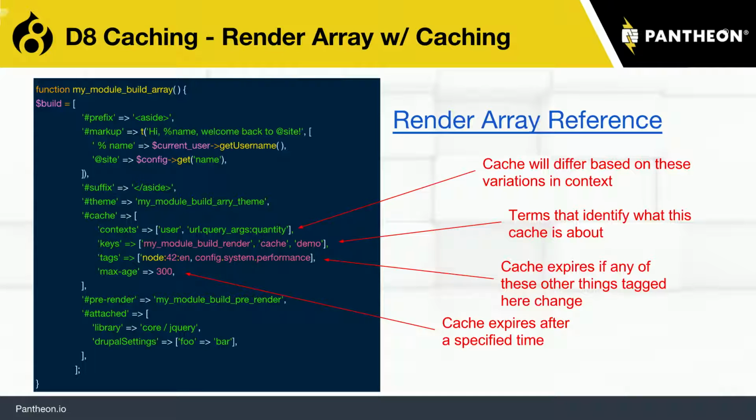Pre-render, a function to run on all the data going into this render array before it goes into this render array. And attached, when you need to attach specific JavaScript or CSS that is meant to be on a page only with this HTML, you attach it here. And when attached correctly like this, Drupal will be doing all this logic on all your page loads. Like it used to be, if you loaded JS on one page, Drupal loaded it on every page and made a massive thing.